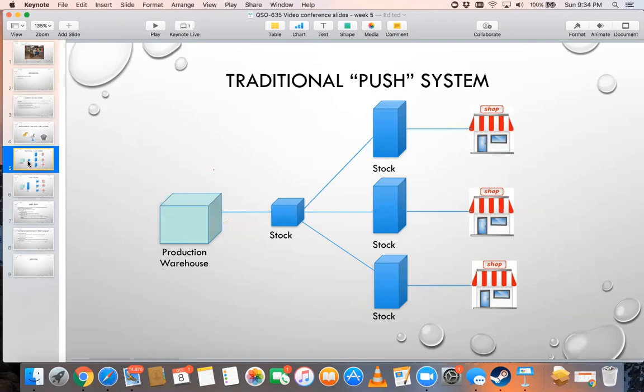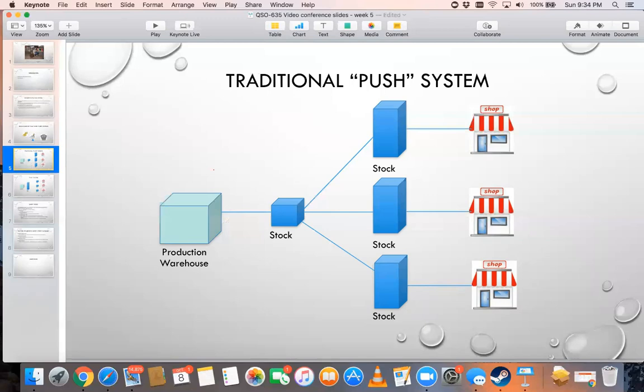So in this example, each of your stocks would be predetermined stock levels. And then when those predetermined stock levels go below a certain point, you would set up in your production warehouse frequent pushes of stock to those larger stocks. But if for some reason the demand falls outside of the window of your model, you have a little bit of safety stock that you push, which is the small stock.